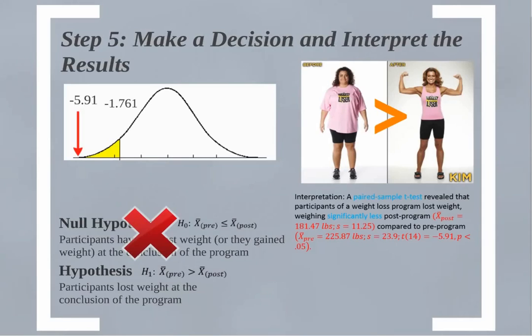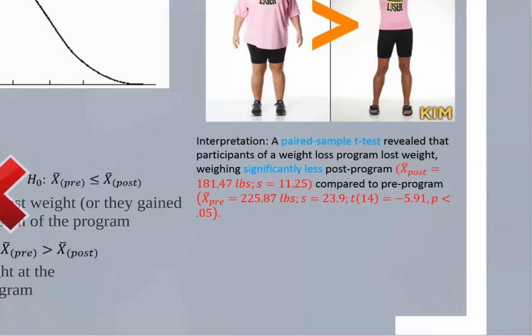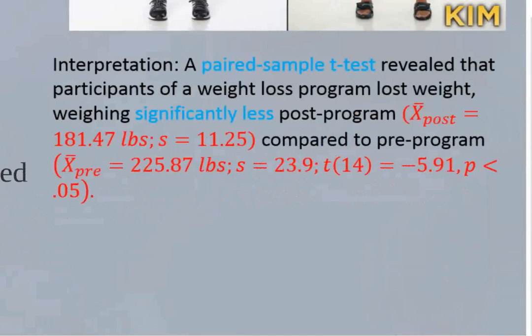And so the question now is, how do you interpret this in English? So let's talk about that for a second. How I would interpret this, and you can use your own interpretation, but I highlighted the pieces that really need to be placed into a sentence like this.